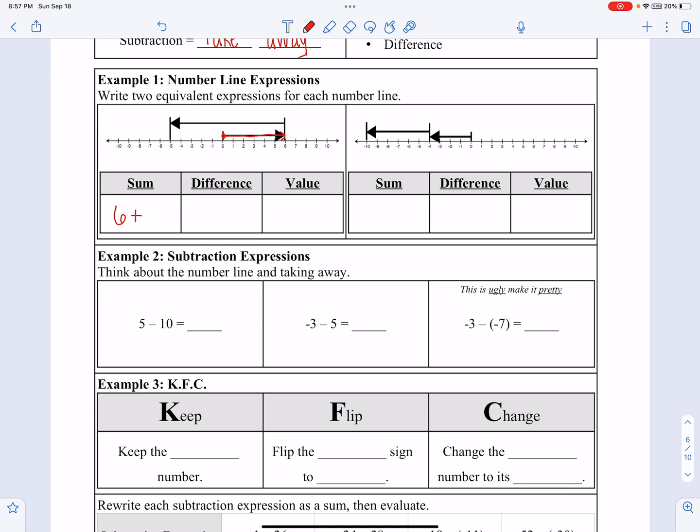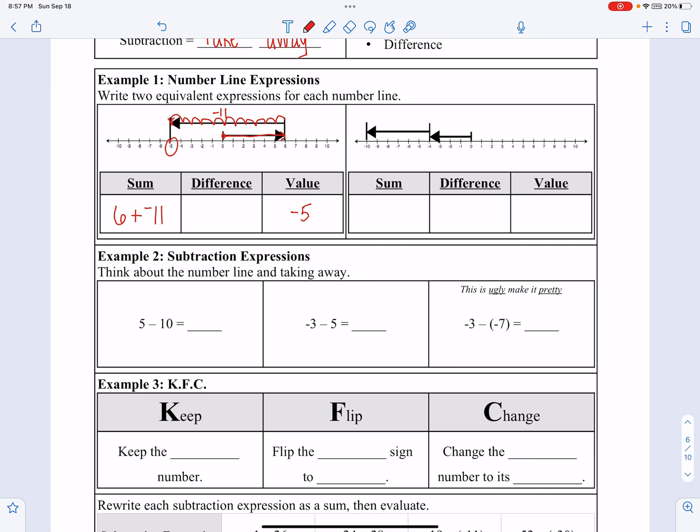So let's identify what that is. I can bunny hop my way over there. 1, 2, 3, 4, 5, 6, 7, 8, 9, 10, 11. So this is a negative 11 that we're adding on to there. And we finish at a negative 5. So we know that's the value of this expression.